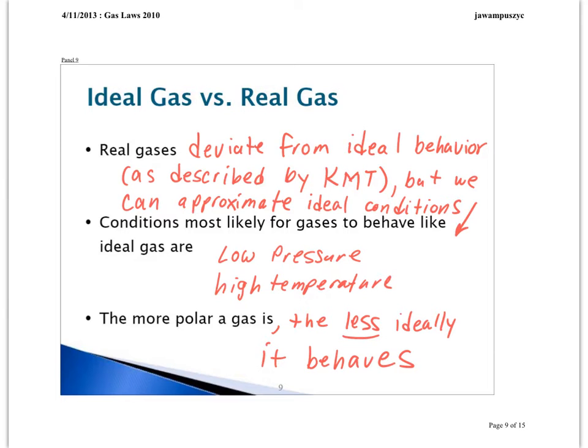And that's because if you remember, polar molecules have one end of a molecule that's positive, one end that's negative. And of course, that negative end of the molecule is going to be attracted to the positive end of some other molecule, and you will have attractive forces that basically can't be ignored. So the more polar a gas is, the less ideally it behaves.